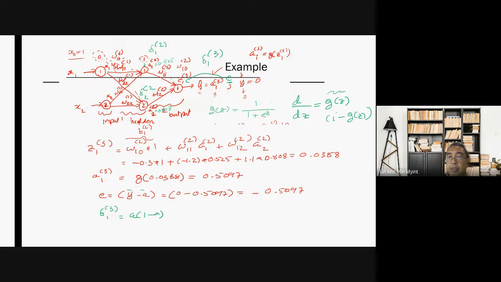So actually this is A, so that is why we got A1 minus A multiplied with our E.